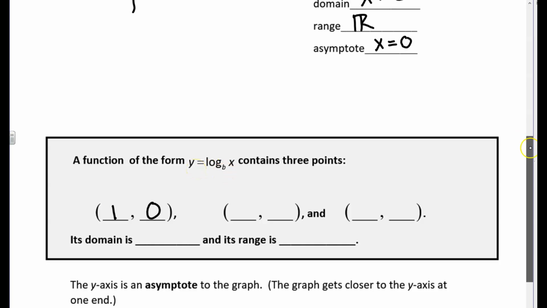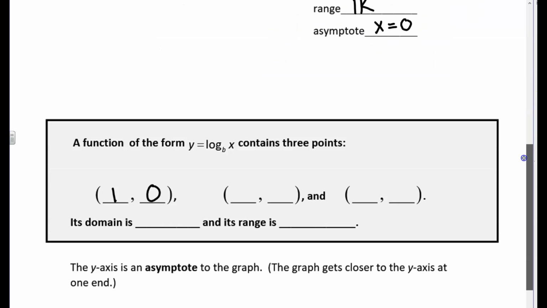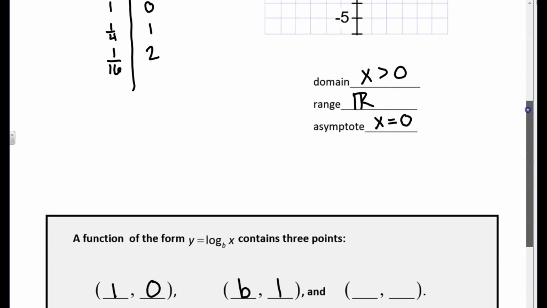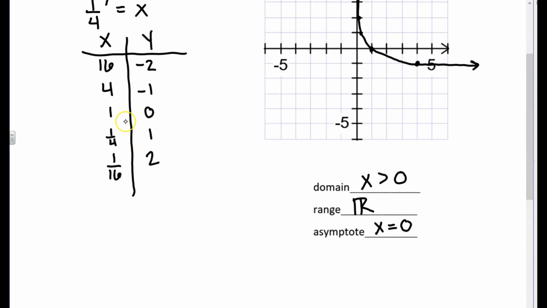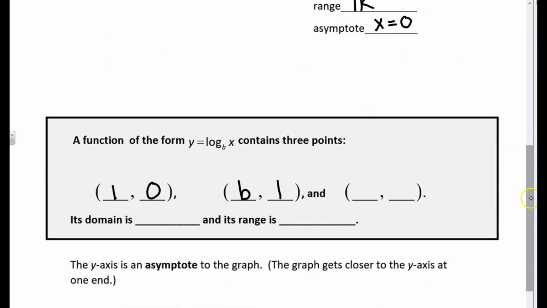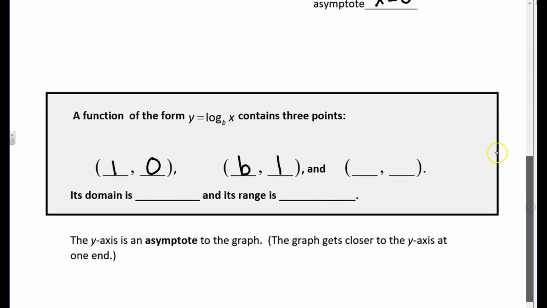You're also always going to contain b, 1, because 2 to the 1 would get me 2, right? 1/4 to the 1 gets me 1. So we had that 1/4, 1 is right here, right? And then you're also going to contain 1 over b, -1. Those are your 3 pretty points.